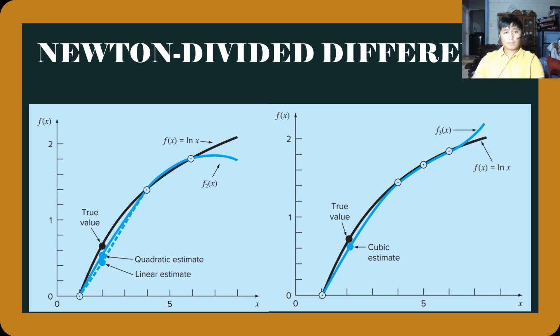And this is the table for the quadratic I've shown earlier, and the Newton divided difference. Again, the closer the interval is, our prediction model will have less error.